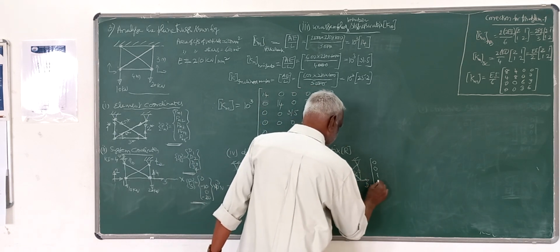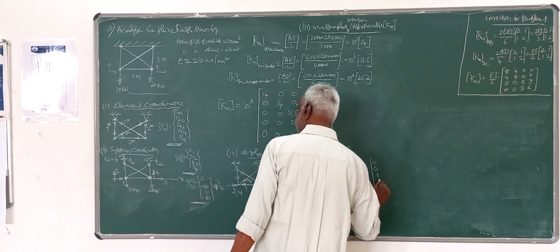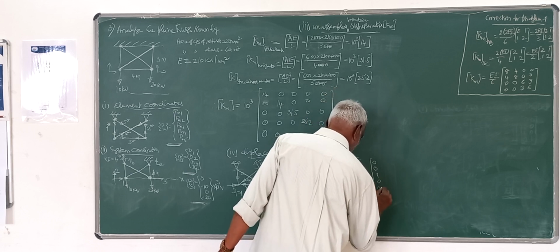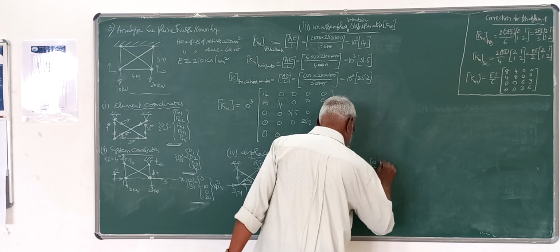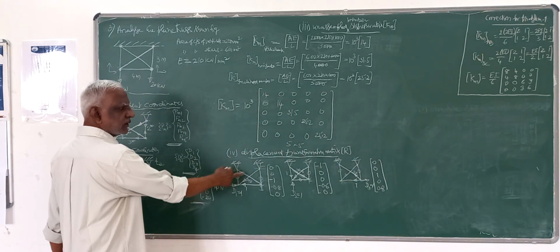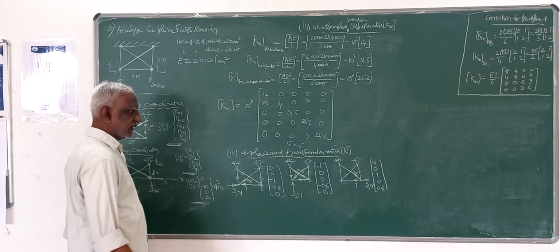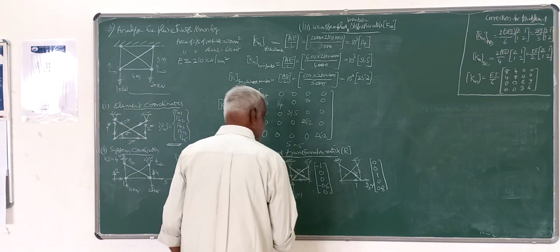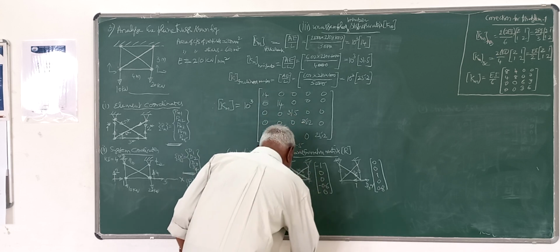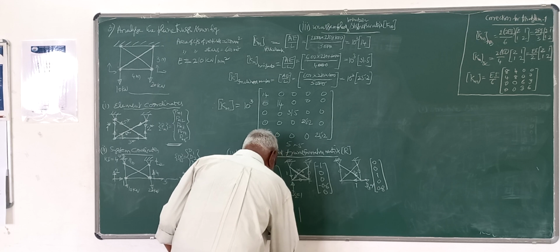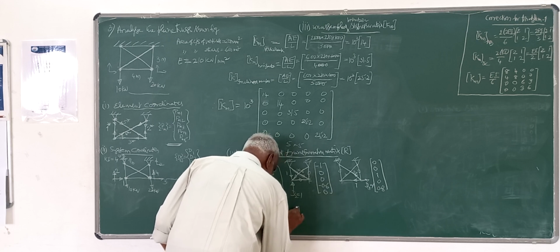Then fourth, it is 0. Fifth member is positive 0.8. Then lastly, I have to give a unit displacement in the direction of 4.